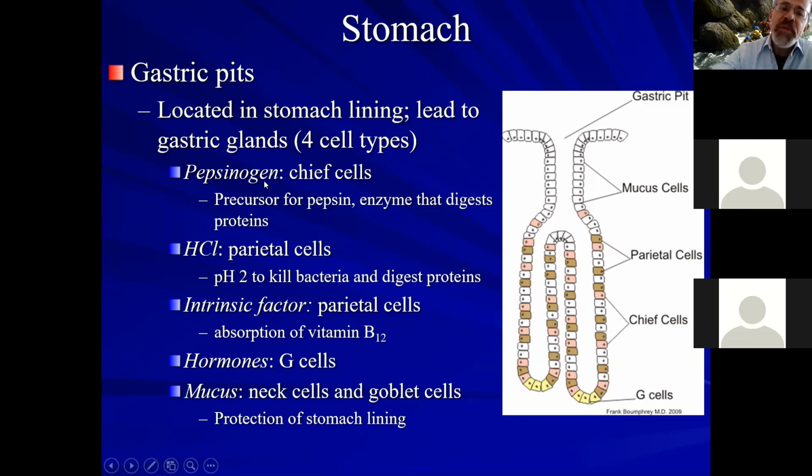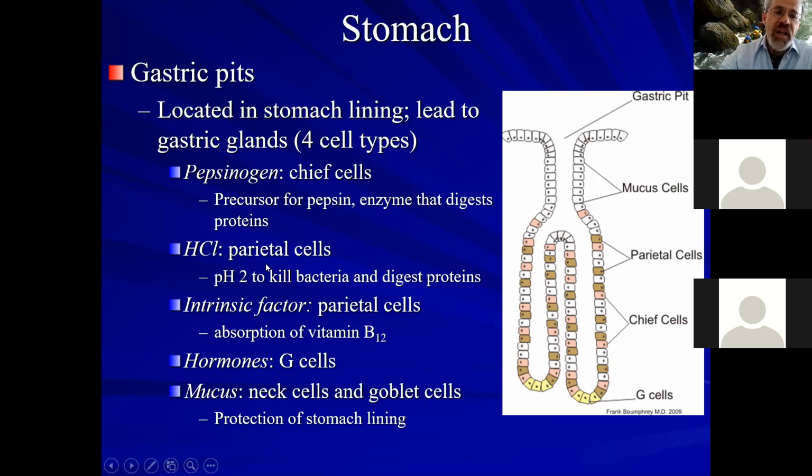We don't want pepsinogen to be converted into pepsin when the stomach is empty, because then it would digest the stomach itself. So this is a protective measure to ensure that this inactive enzyme stays inactive until it's converted into pepsin when food's there. And the function of this enzyme is to break down those proteins. Remember, protein digestion takes place in the stomach.